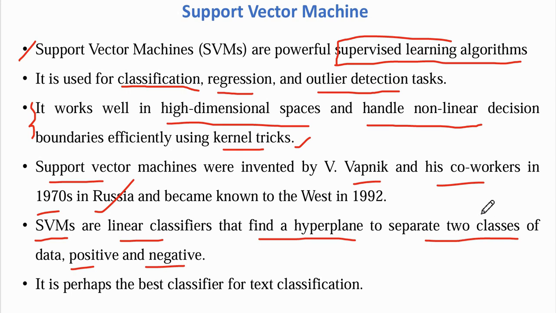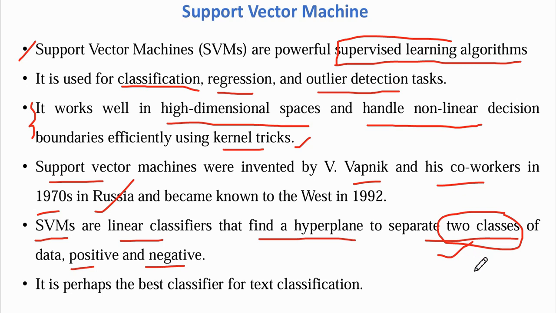That means SVM is mainly applied to binary classification problems. We may also apply SVM to multi-class classification and regression problems, but mostly SVMs are used for two-class problems, that is binary class problems.